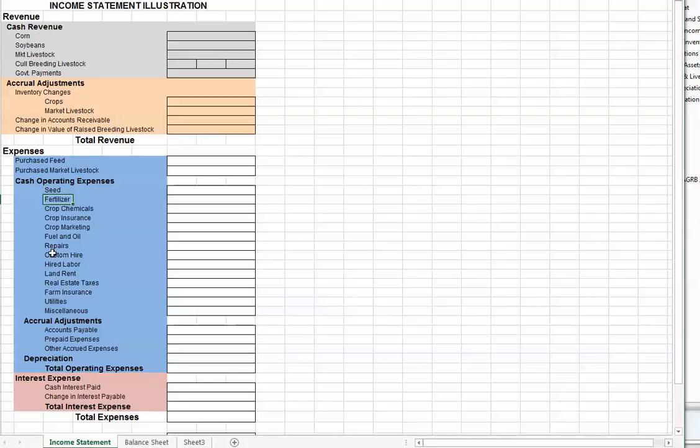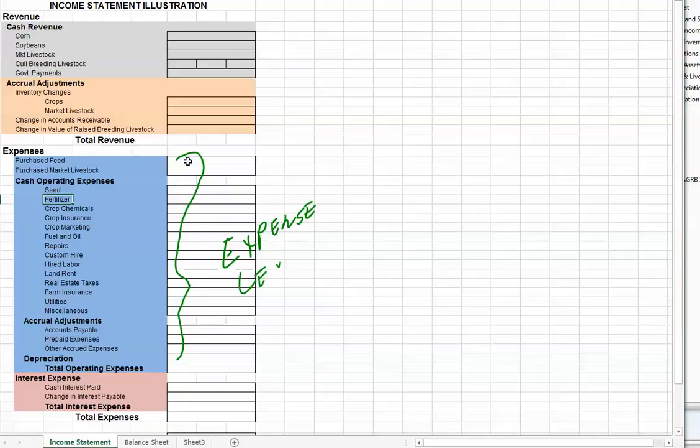At the end of the year, you would have a column total for seed, for fertilizer, for chemicals, for insurance, for marketing, and so forth. Those numbers at the end of the year in that expense ledger are what would go right here. So all of the numbers in this group simply come from your expense ledger.